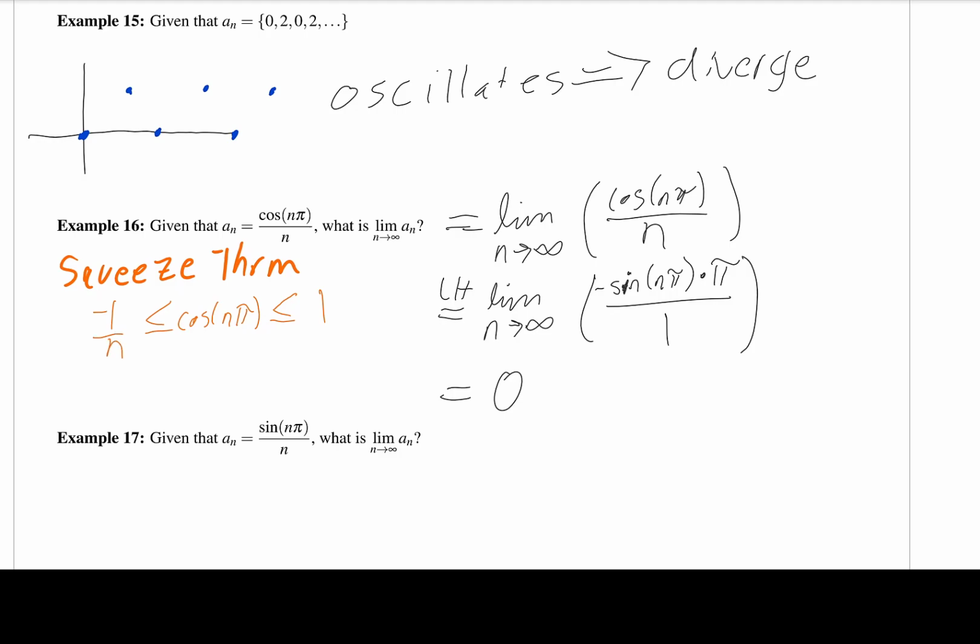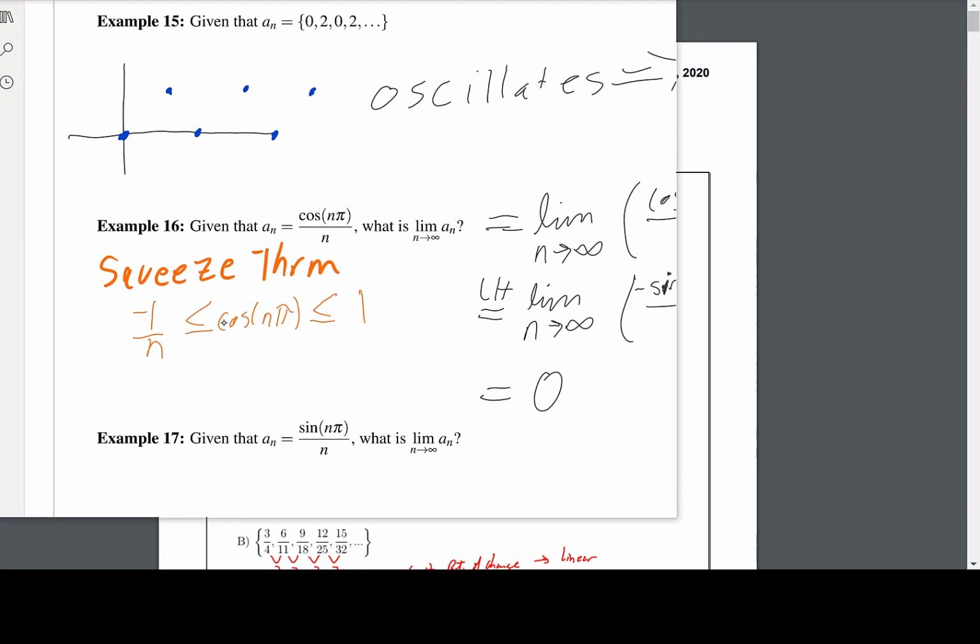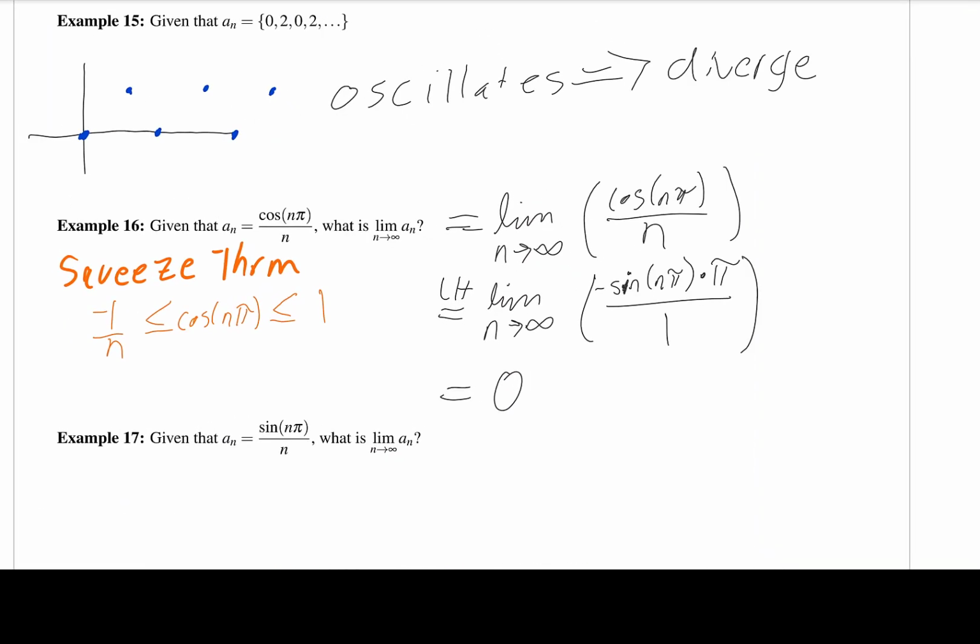Now let's divide everything by n. So now dividing everything by n, we now have the function that we started with. So we can tell that cosine of n pi over n is squeezed between negative 1 over n and positive 1 over n.